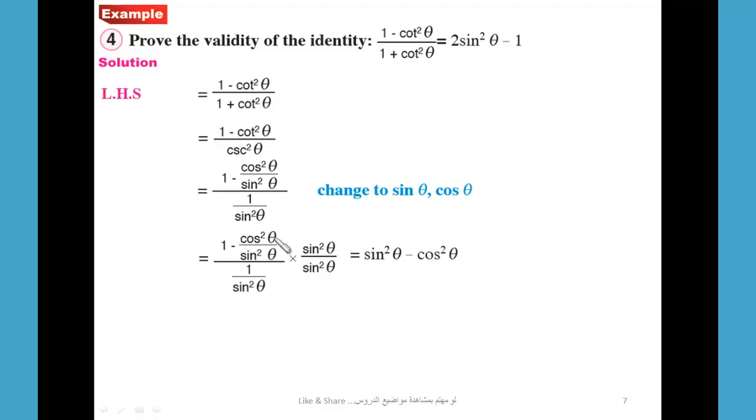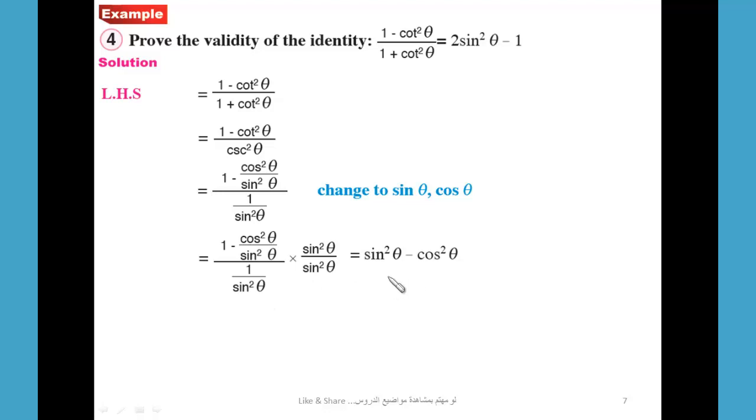Again, we multiplying up and down by sine square. Sine square multiply 1 equals sine square. Sine square multiply cosine square over sine square equals cosine square. Sine square multiply 1 over sine square equals 1. So the denominator here will be 1.